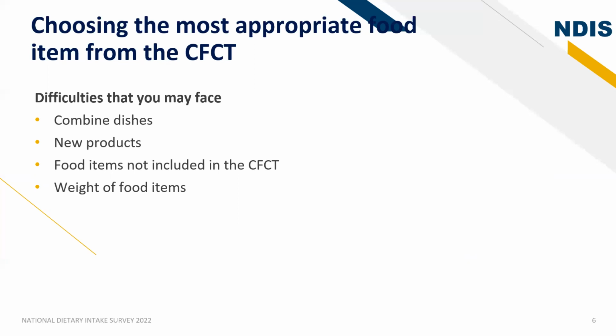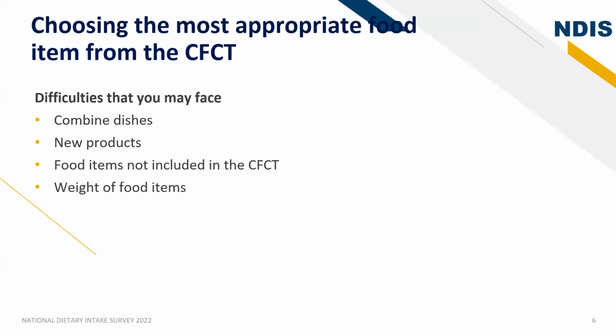So these are the dishes that can be a bit more problematic because it's difficult to determine the exact amounts that are in these dishes, and you have to sometimes make use of ratios to get to the combination of these different ingredients in these dishes.